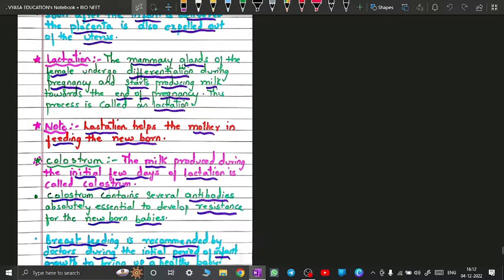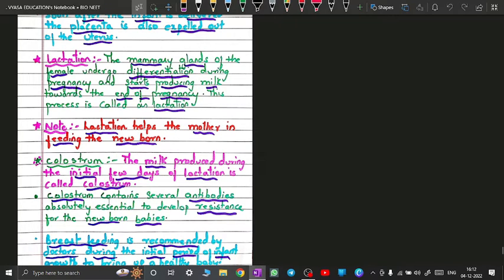So colostrum, this is very important for 1 mark. The milk produced during the initial few days of lactation, like 4 to 5 days or so, soon after delivery, is called colostrum. Colostrum contains several antibodies.